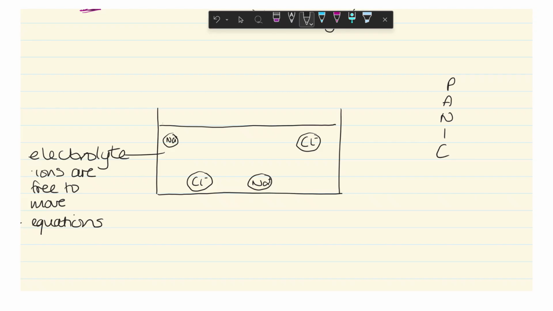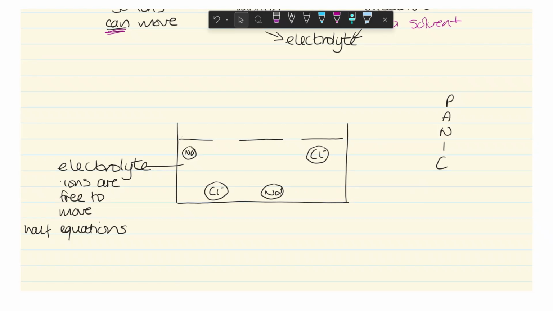So to do that, we can use some electrodes. We can now put into our electrolyte some electrodes, and we can connect them like so to a power source or a cell. We need to identify which ions are going to go to which electrode.